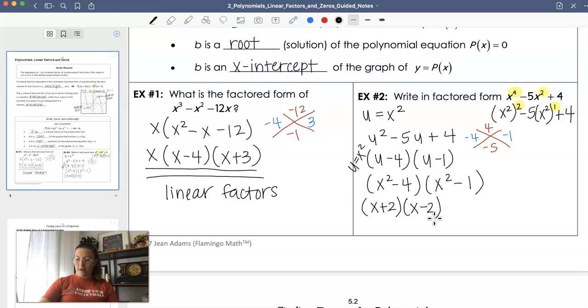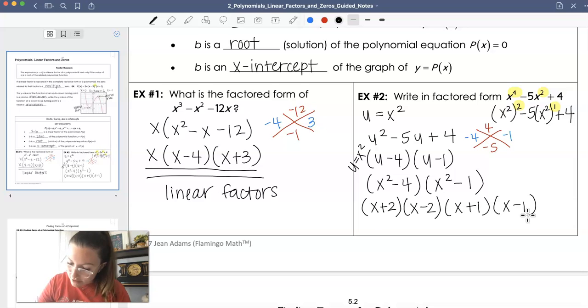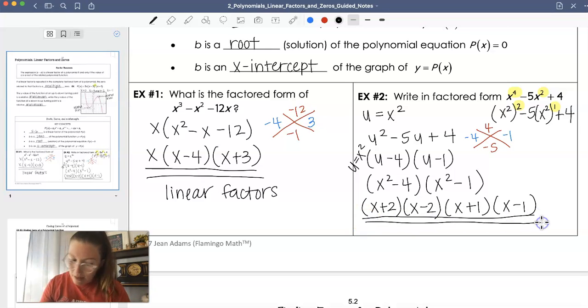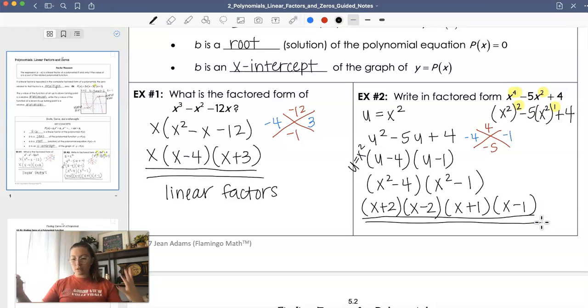The second one factors to x plus 1 and x minus 1. These are all linear factors now because they all have a degree of 1 on the x. I know I can't factor this anymore, so this is completely factored.